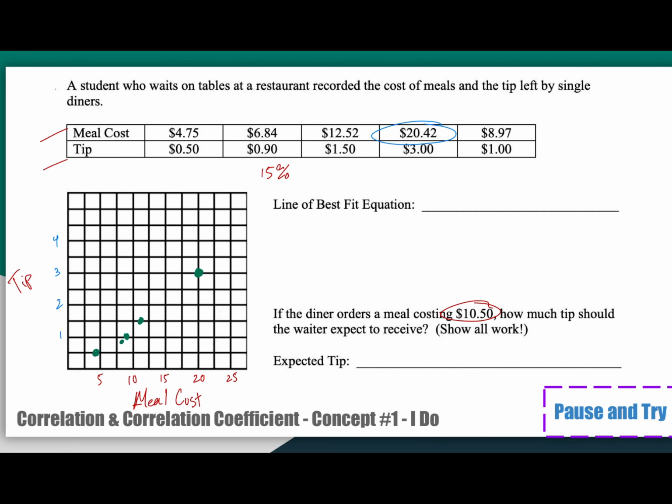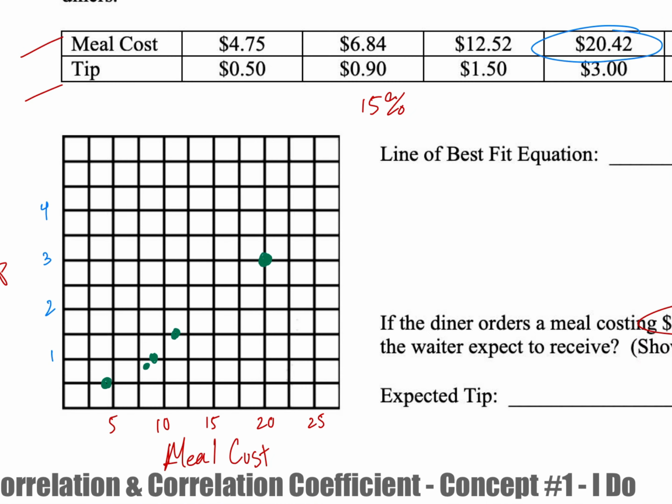Okay, so here we have these points. We need to draw a line of best fit. I'm going to use maybe this point right here, so we have a nice solid point, and I'm going to say it's 20 and 3. Let me try that again. Pretty close.